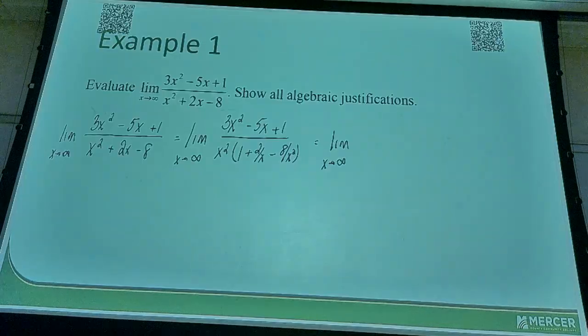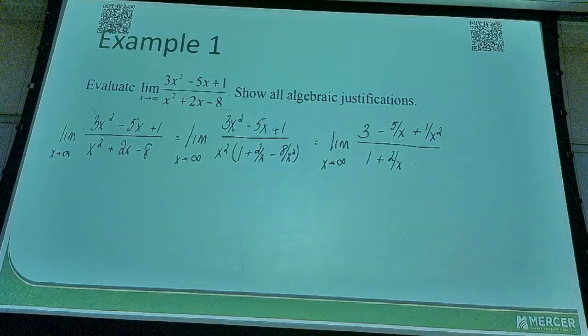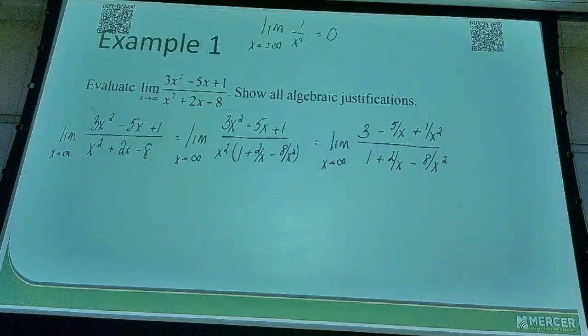Take that 1 over x squared, apply it to each term in the numerator. We can use limit laws now. And then use that limit.